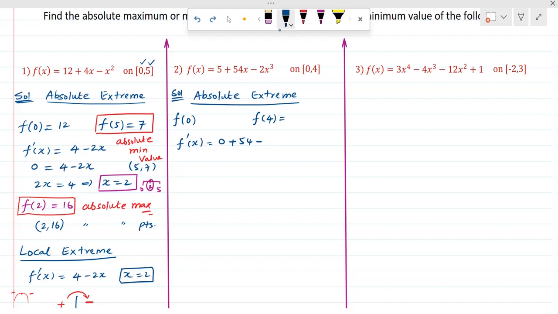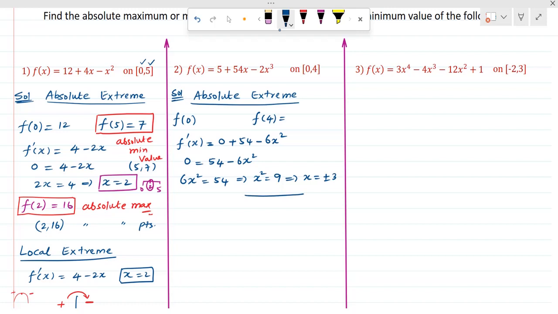If I put it equal to 0, you will get 54 minus 6x square equals 0. So move it here: 6x square equals 54, and x square is equal to 9, and then x is equal to plus or minus 3.